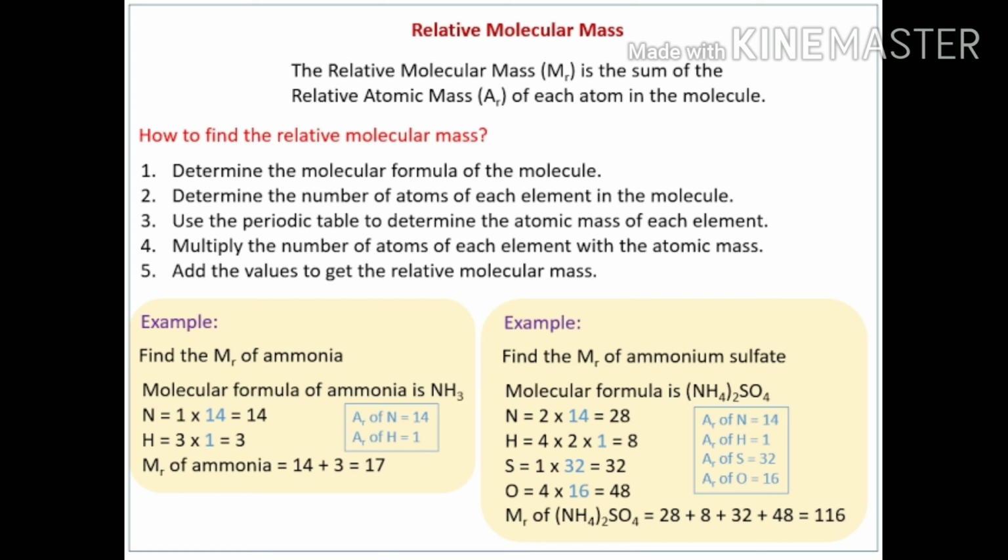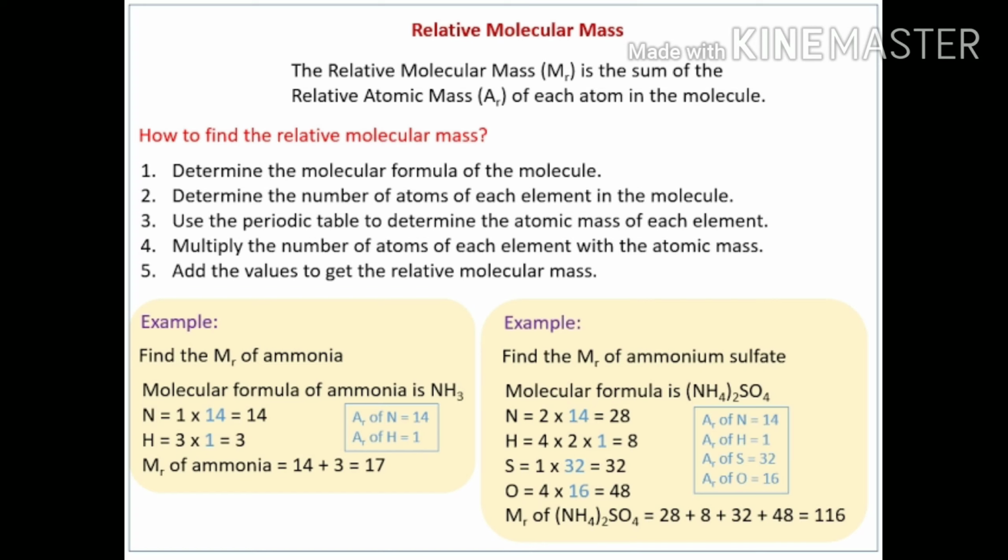Then you find the atomic mass of each atom. Nitrogen is 14 and hydrogen, as you already know, is 1. So 1 into 14 equals 14, and hydrogen 1 into 3 equals 3. Then 14 plus 3 equals 17 AMU, that is atomic mass unit. So the relative molecular mass of ammonia equals 17 AMU.